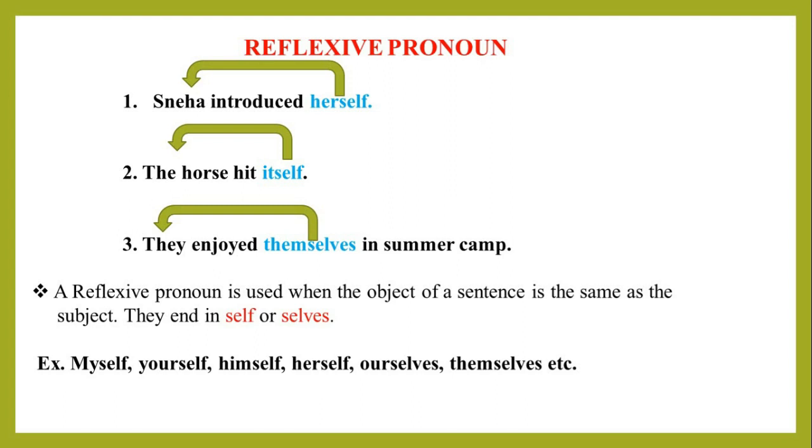In other words, a reflexive pronoun is used when the object of a sentence is the same as the subject. They end in self or selves. Example, myself, yourself, himself, herself, ourselves, themselves, etc.